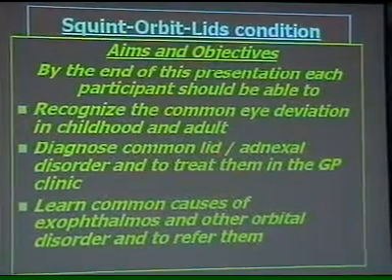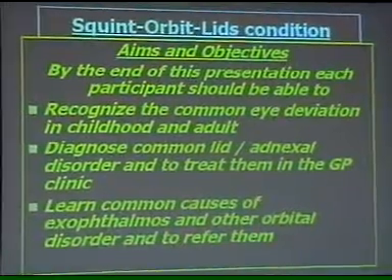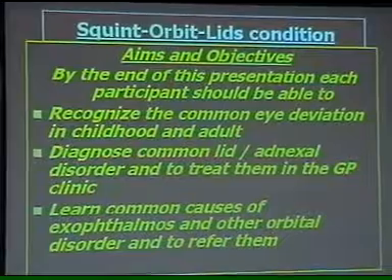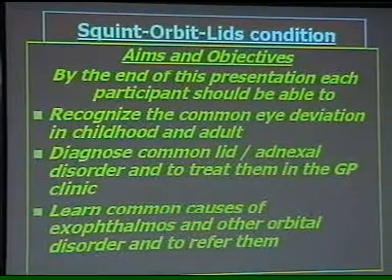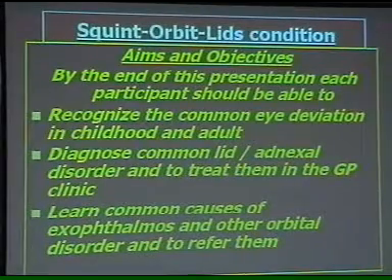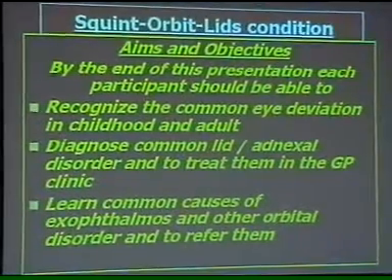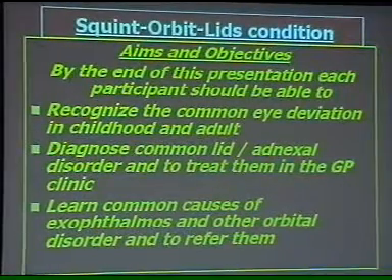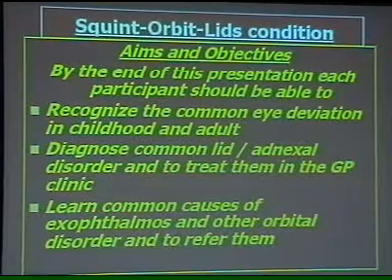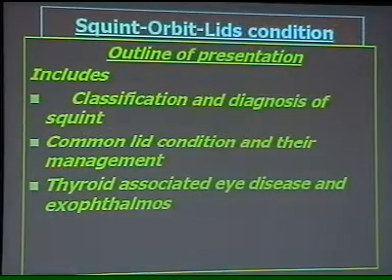By the end of the presentation, you should be able to recognize the common eye deviation in childhood and adult, common lid conditions and neck cell disorders, and to treat them at your level, and should be able to know when to refer to us, and to learn common causes of exophthalmos, proptosed, forward staring looking eyes, eyeball, and other orbital disorders, and to refer them in time.